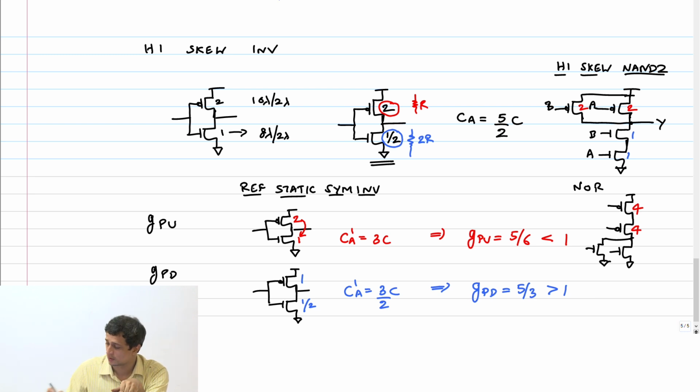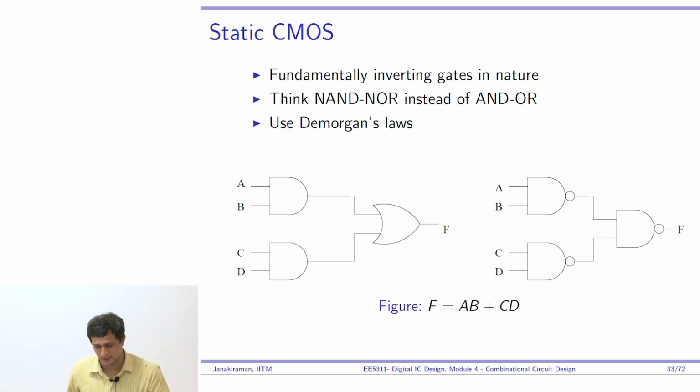What about the NMOS? Half and half. You can now go ahead and calculate logical effort for these gates also, the NORs and NANDs. I will leave this as an exercise for you. You can refer to my slides here.